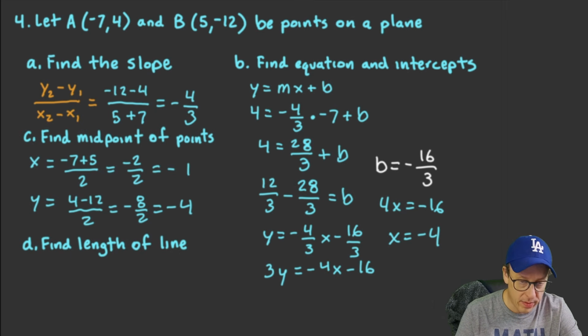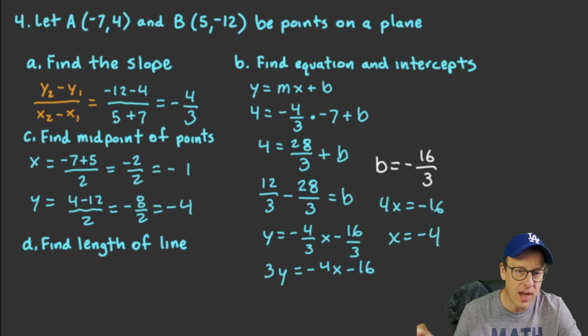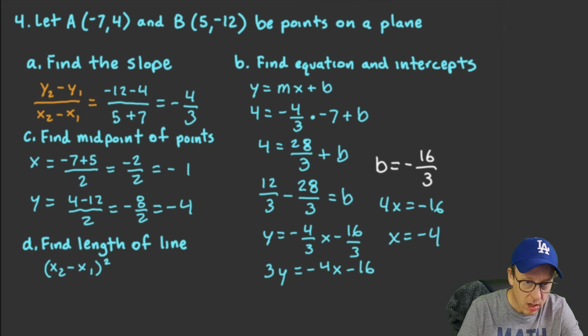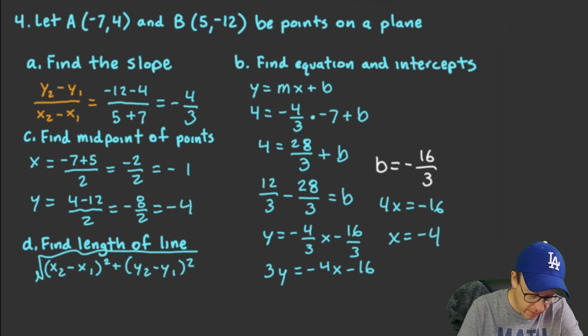All right, so the length of the line is going to be x2 minus x1 squared, plus y2 minus y1 squared, and you're going to get the square root of that. That is the distance. So we just take our values and plug them in.